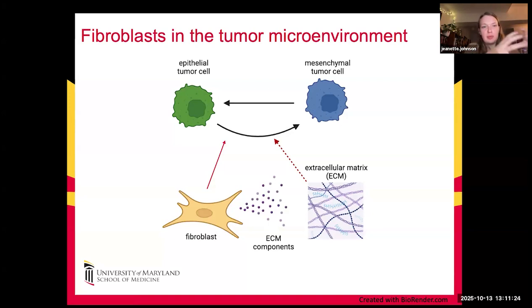The epithelial-like is mainly in a proliferative state, so it's dividing, but it's probably not particularly inflammatory and it's not moving. But then when they go into this mesenchymal-like state, they become able to be motile and more inflammatory, we think.